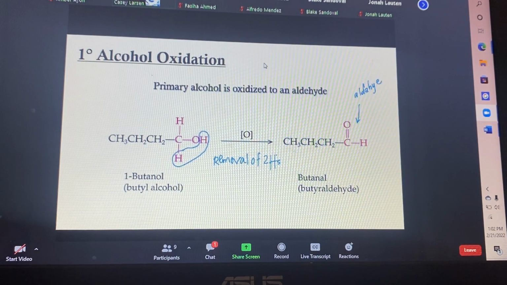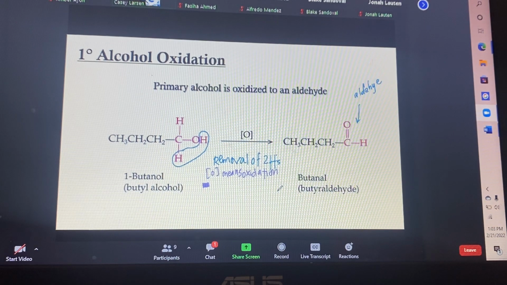Does anyone remember one of the compounds that performs this oxidation? So O in brackets means oxidation.